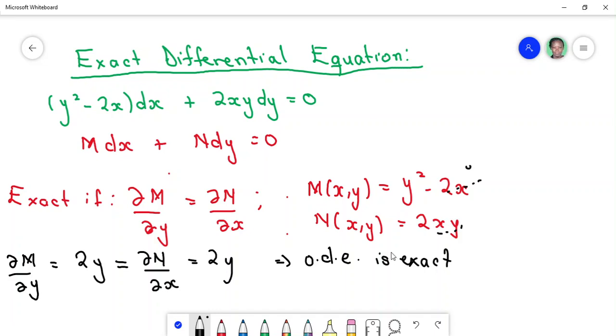Okay, so if it is exact, in our previous example we looked at integrating the two functions. But another way you could look at it is you could integrate one.